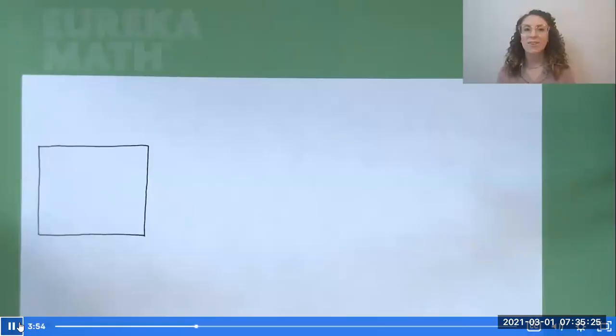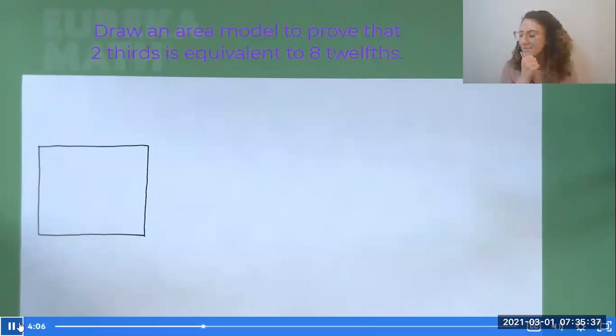Let's draw an area model to prove that 2/3 is equivalent to 8/12. Partition your model once. What fraction will you model first and why? I'll represent 2/3 first, since thirds are the larger units.